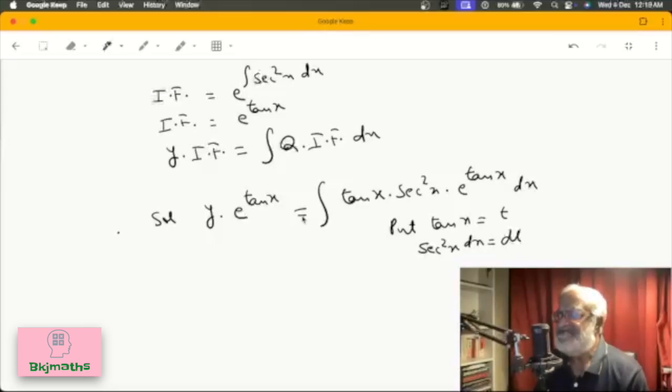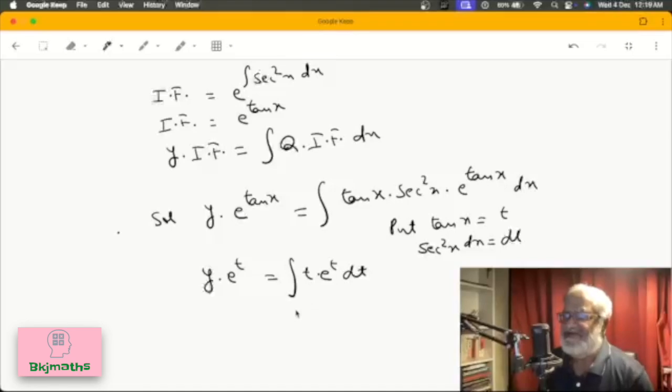So sec square x dx is dt. Now our question is y into e to the power t equals integration tan x is t, sec square x dx is dt, and e to the power tan x, so e to the power t and dt.